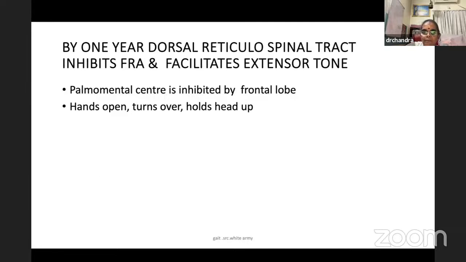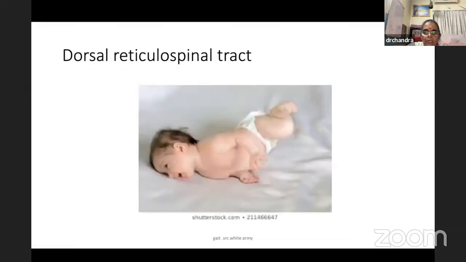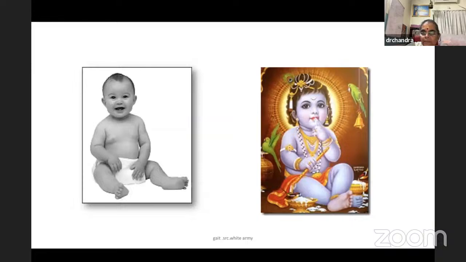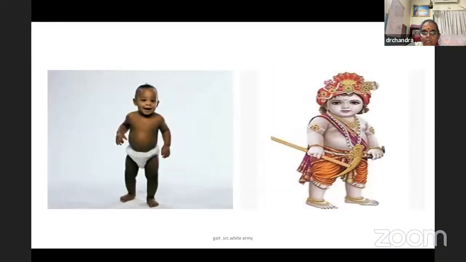So the child will turn over slowly, extend the head, then completely go to the prone position. Then it will sit and stand. So this is progression to the brainstem stage. When the short latency flexor reflex afferents are completely suppressed, the reflex movements of the various spinal cord centers are suppressed.